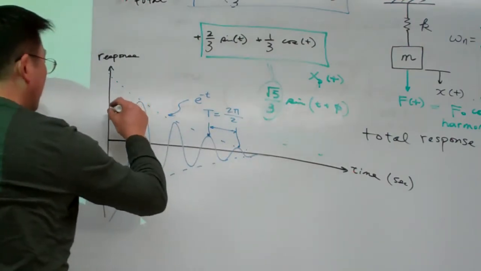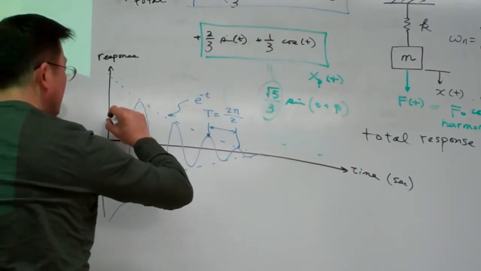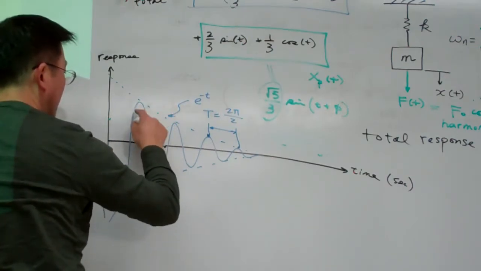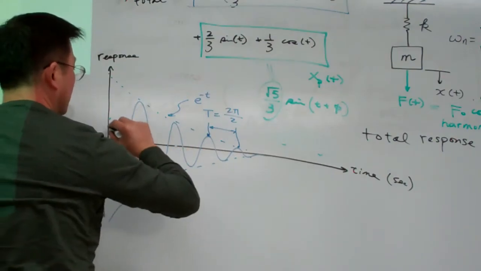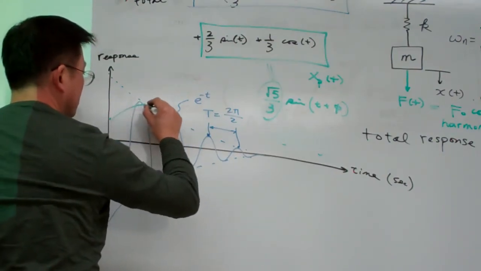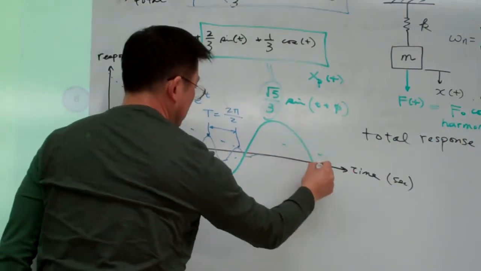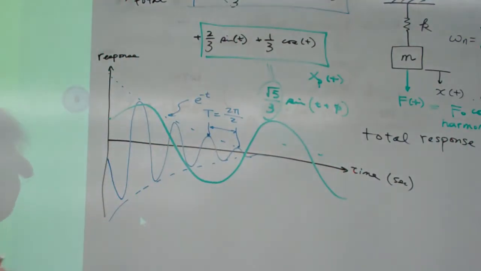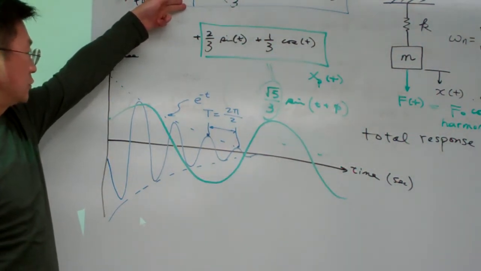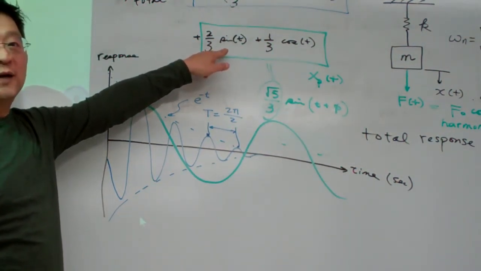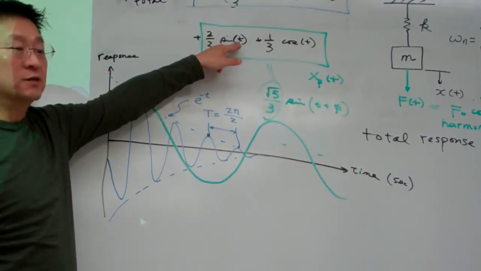So taking that magnitude and then something like this. Okay, let me try to draw it in a good way. 1 cycle, 2 cycle. Compared to our homogeneous solution, for this particular example, the working frequency is 1 of the t, right?